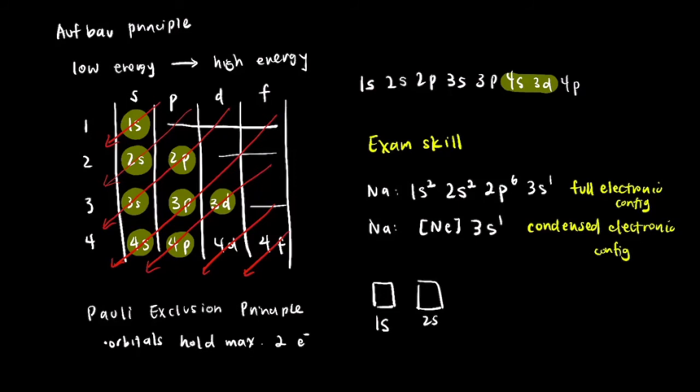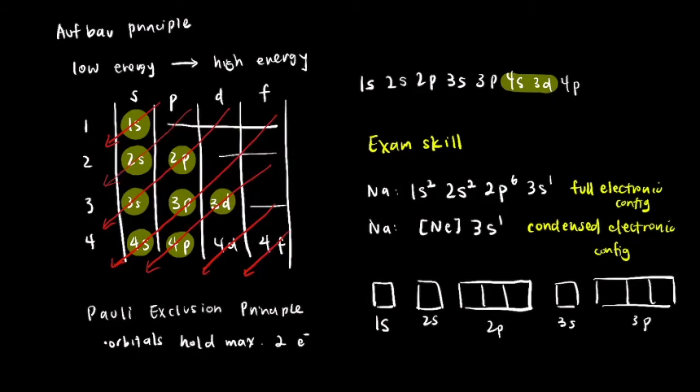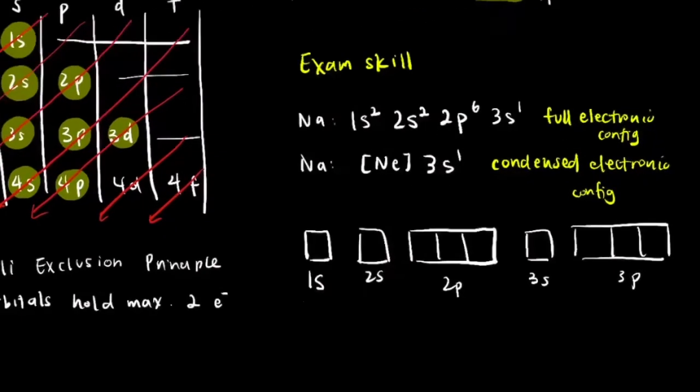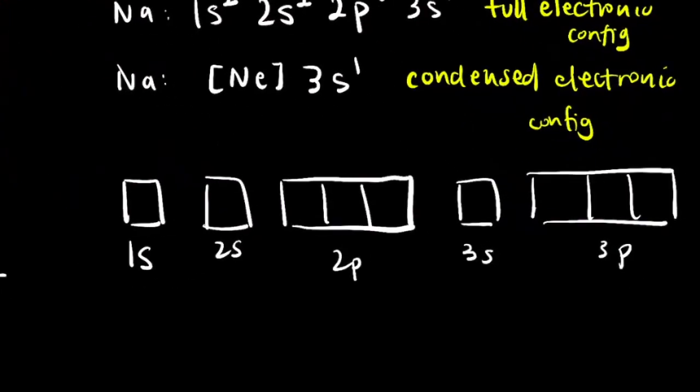Likewise for 2s, and 2p would have 3 boxes. 3s would have 1 box, 3p would have 3 boxes, and so on and so forth. And in the arrow in box diagram, we represent electrons in a half arrow. So it looks like one arrow, but with half of the diagonal line cut out. And this represents 1 electron.